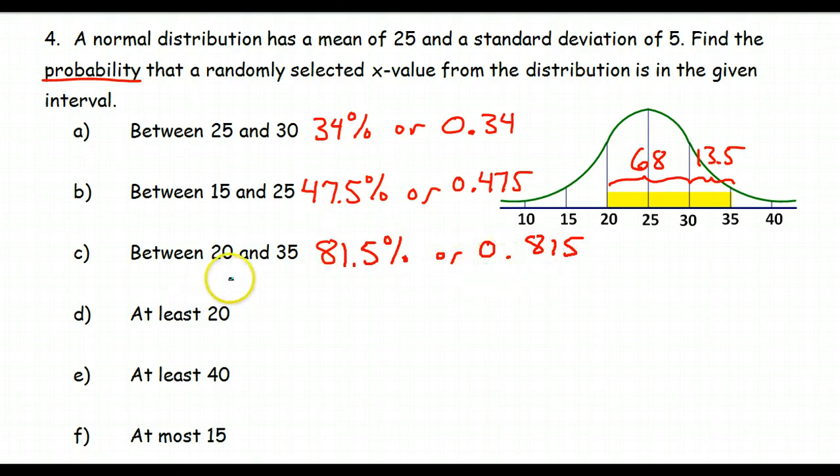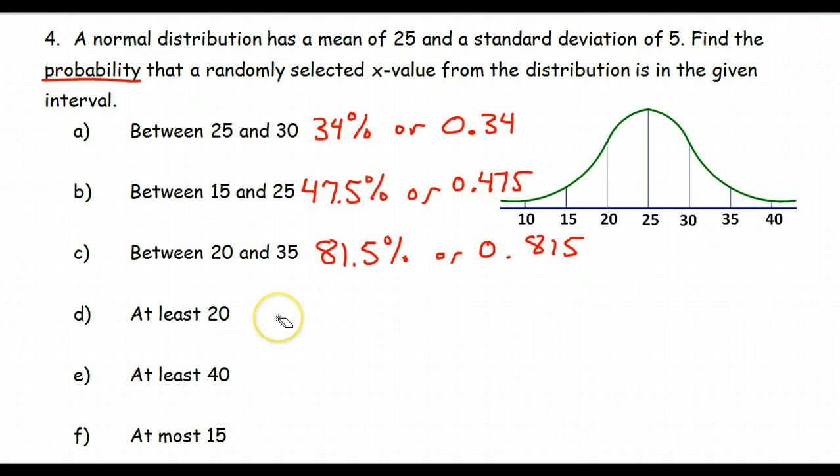Now, at least 20. A lot of kids get confused just with the grammar here. I do not want you to get the wrong answers because of misunderstanding grammar, not even the math. Think about money in my pocket. I don't know exactly how much money is in my pocket, but I can tell you that I have at least $20 in my pocket.